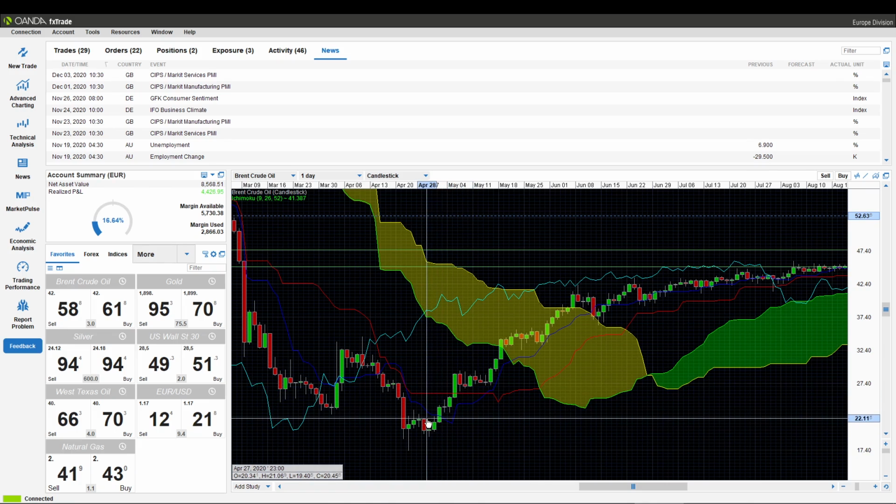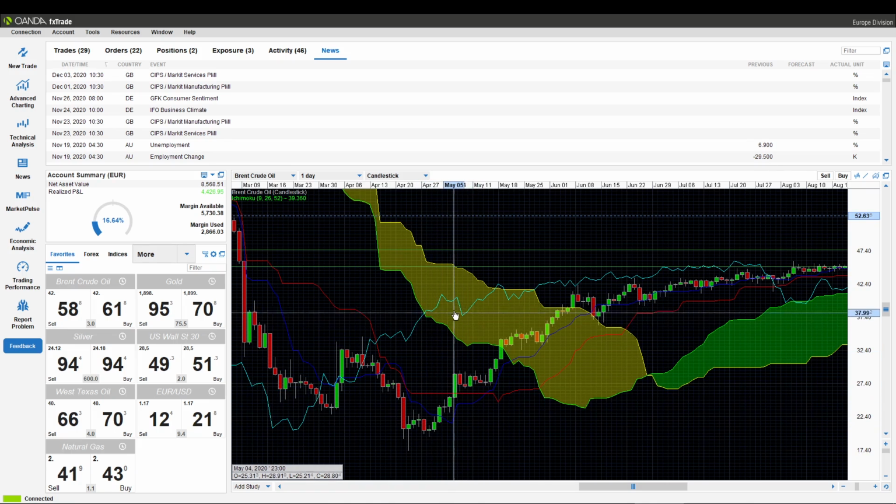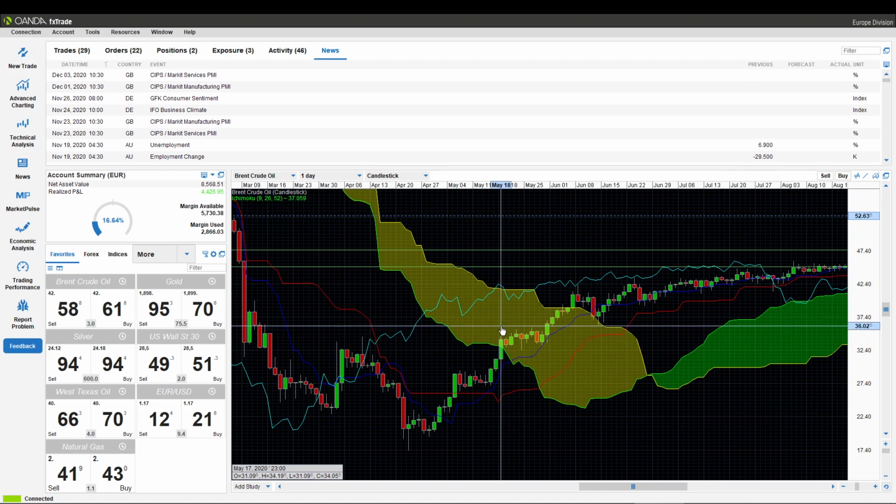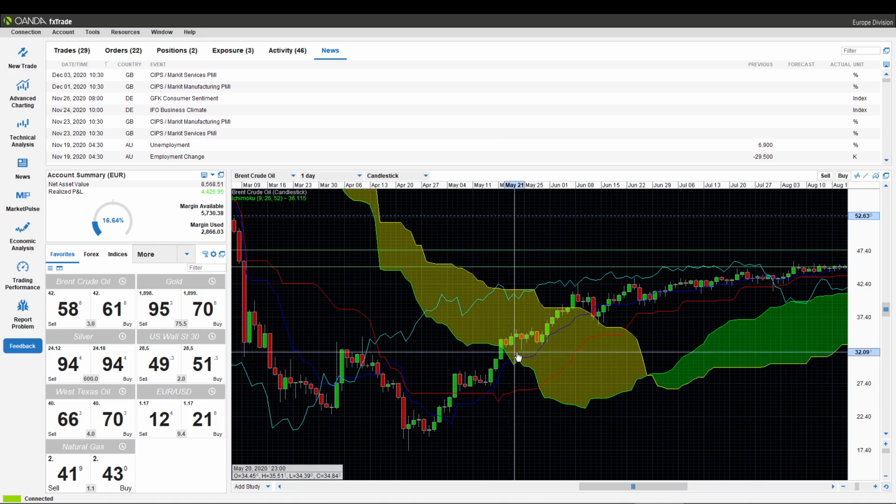I wouldn't have bought right away because, as you can see, the price is still below the cloud. So I didn't have a cloud confirmation. But let's say right here, as I previously mentioned, the price started to enter into the cloud.